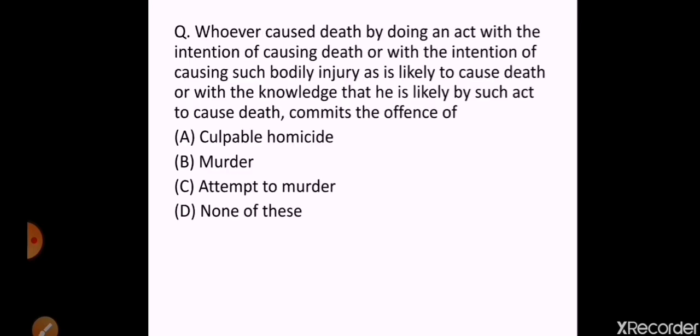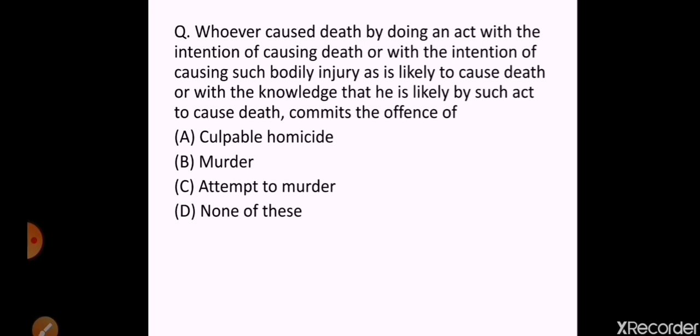The next question is, whoever causes death by doing an act with the intention of causing death, or with the intention of causing such bodily injury as is likely to cause death, or with the knowledge that he is likely by such act to cause death, commits the offence of. This is a straightforward question. I have already discussed it, but you have to remember that the question may be asked like this in the examination, so you have to remember the definition.